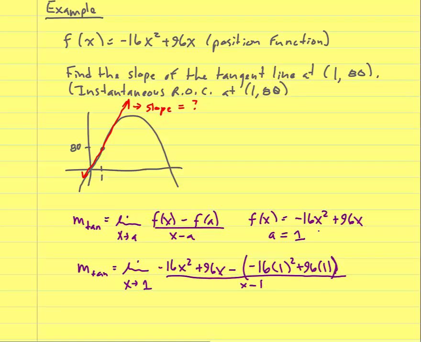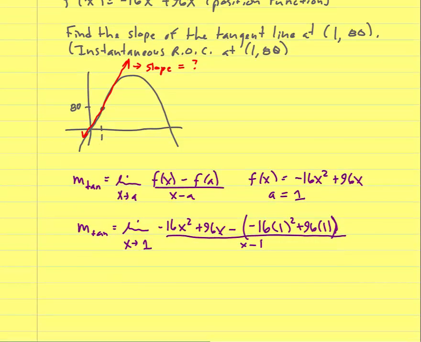Okay, so let's keep simplifying. Limit as x approaches 1. Now you can see that we have a problem here as x approaches 1 because 1 minus 1 is 0. So I'm hoping that in my numerator this will simplify quite a bit. Here I have a negative 16, 1 squared is 1, and then I have 96 times 1.